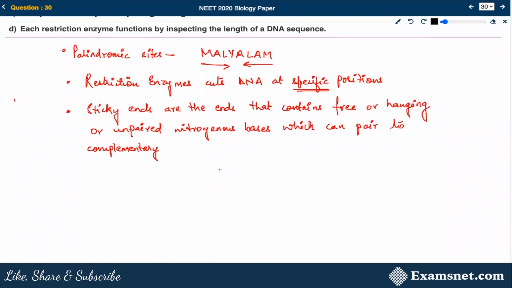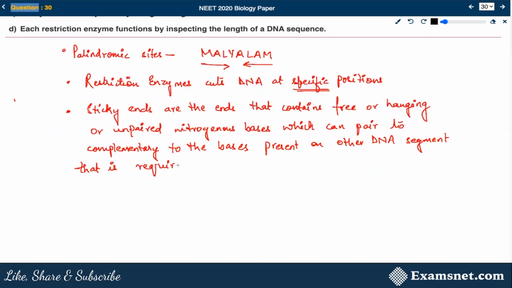So complementary to the bases present on the other DNA segment. All right, that is required to create a recombinant DNA.